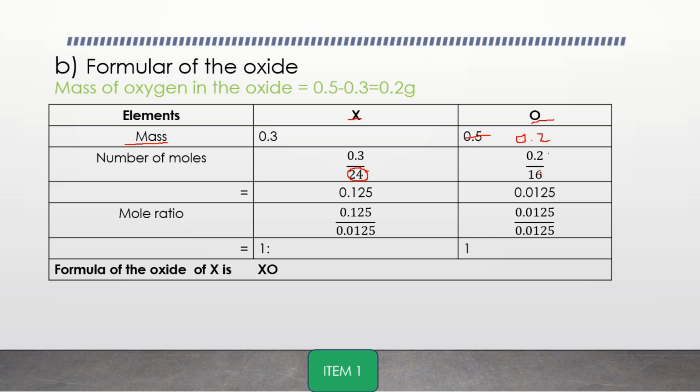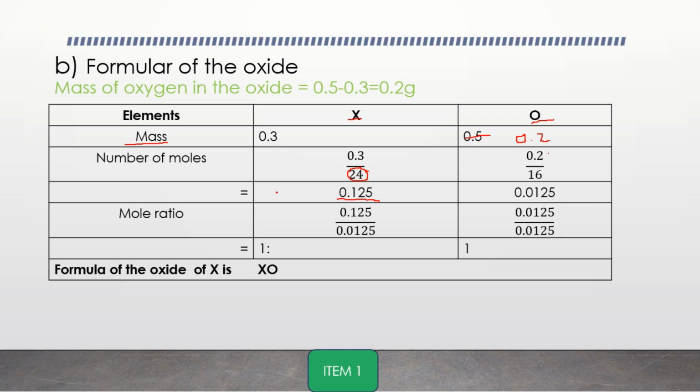After dividing, when you divide 0.3 by 24, you get 0.0125, and when you divide 0.2 by the relative mass number of oxygen, which is 16, it was also given to us in the other representation, we get 0.0125.